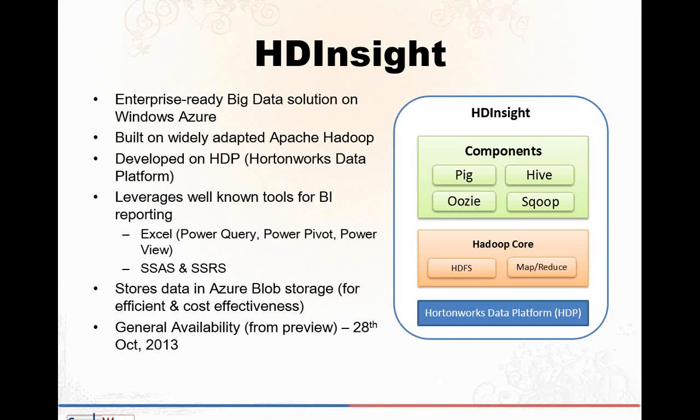HDInsight has been built based on the Hortonworks Data Platform, which we call HDP. On top of it, the Hadoop core has been developed utilizing the MapReduce and HDFS file systems.